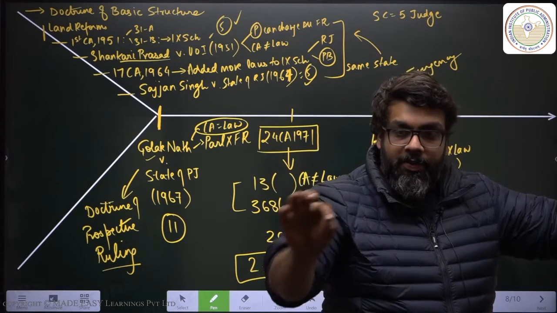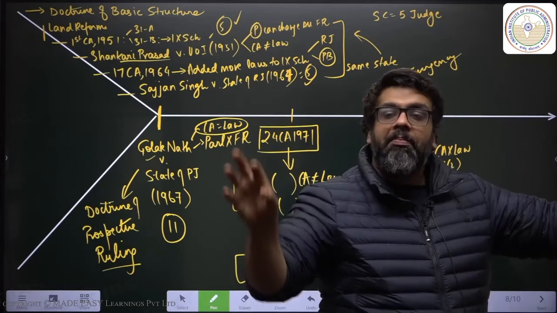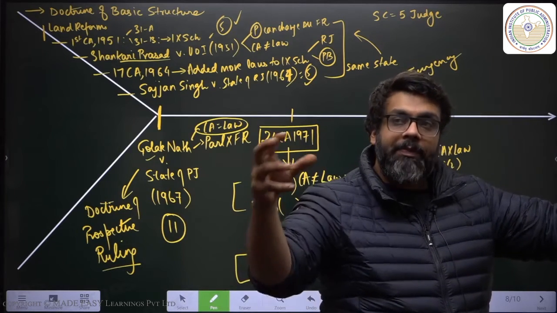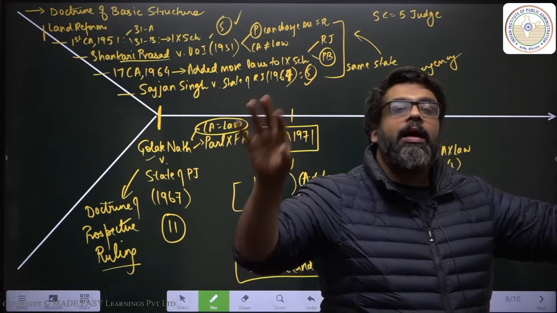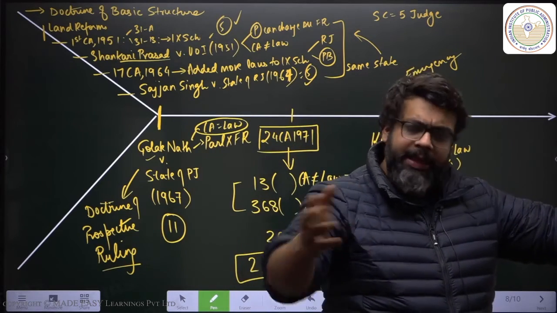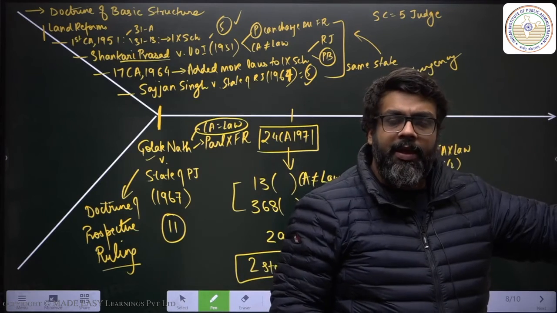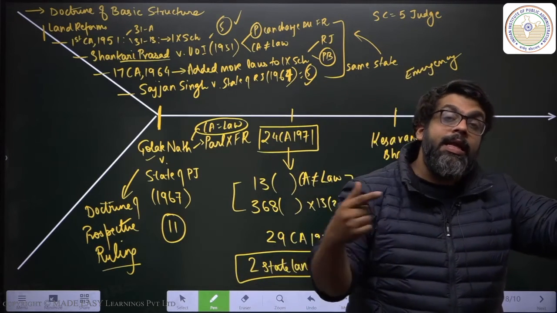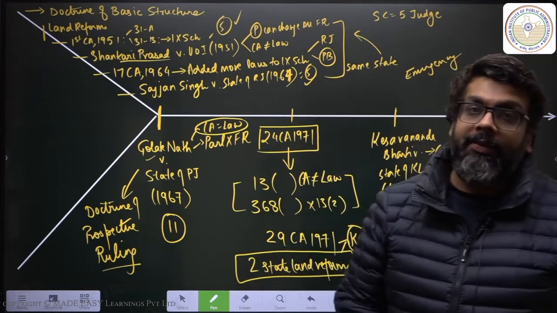They'll keep giving you through various judgments, parliamentary democracy is basic structure, preamble is basic structure, secularism is basic structure, sovereignty is basic structure. But we are creating the ecosystem for them to tell you.